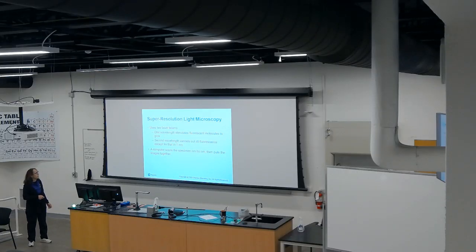One wavelength stimulates fluorescent molecules to glow, and the second is going to cancel all the fluorescence, except for that of 1 nanometer. So it helps you to see very thin slices of this specimen, and then you can stack them over each other, and have the images together.